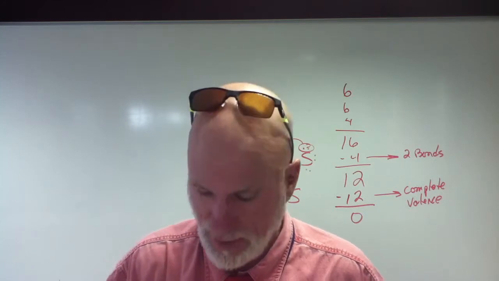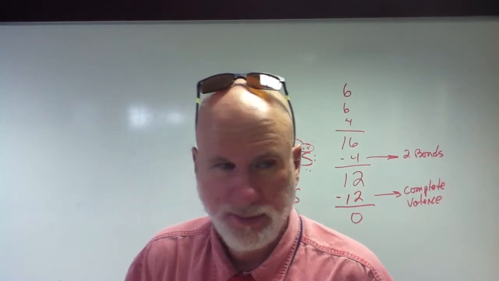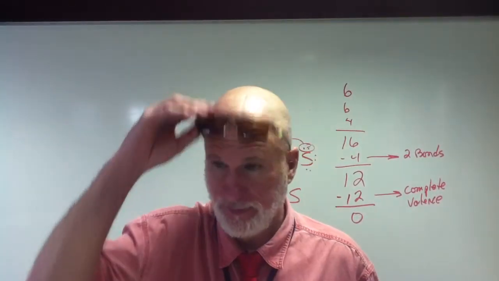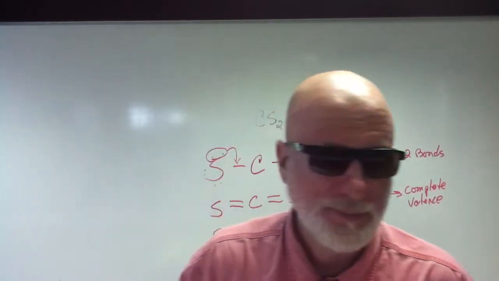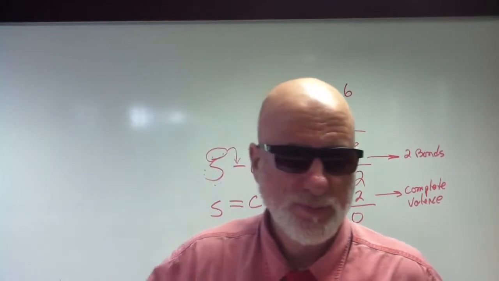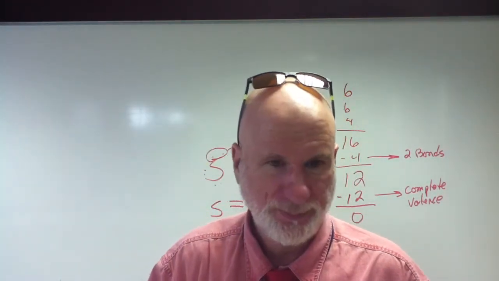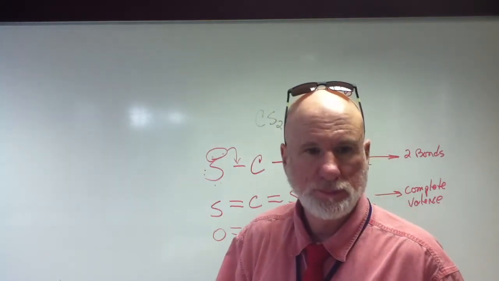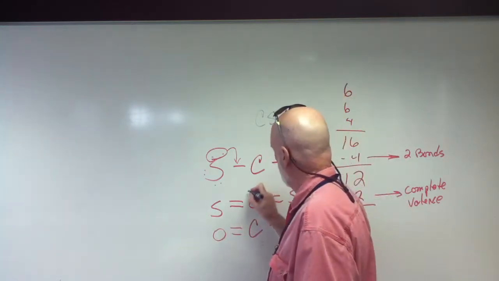I was thinking it was about 5. You got it? Anybody got it? What do you got? So you're looking for sulfur and carbon. What's sulfur? It's on page 181. Well, carbon is 2.5.